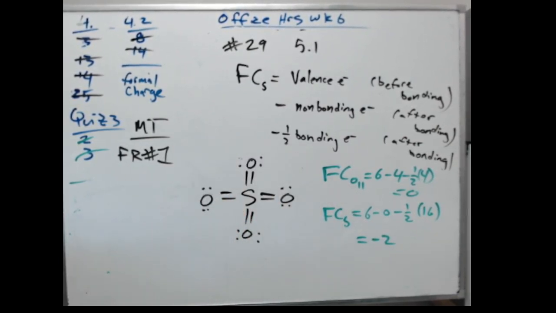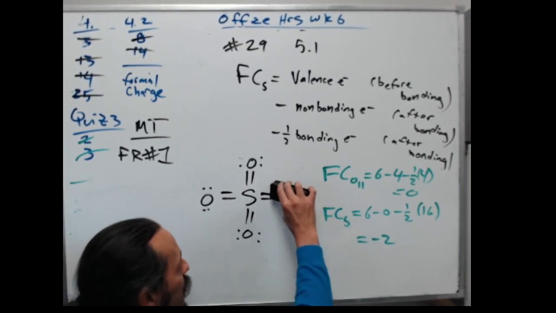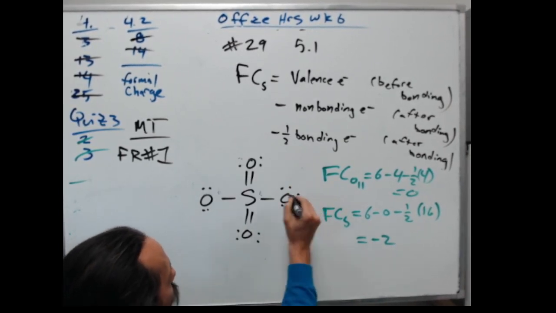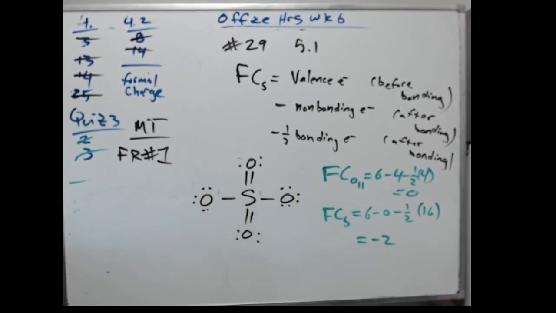What that essentially means is this sulfur has somehow pulled extra electrons away from the oxygen towards it, even though it's less electronegative than oxygen. And not just a little bit, it's essentially pulling 2 extra electrons towards it. Really unlikely. So it turns out that the more stable structure is this one, where if I had more electrons to throw around, maybe I'd put some lone pairs on there.